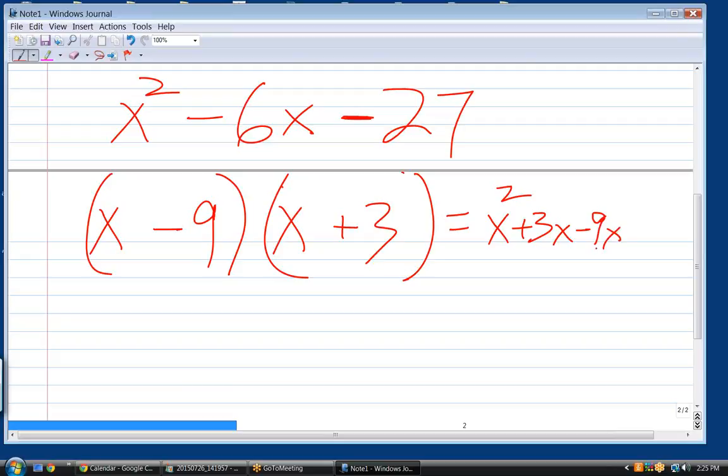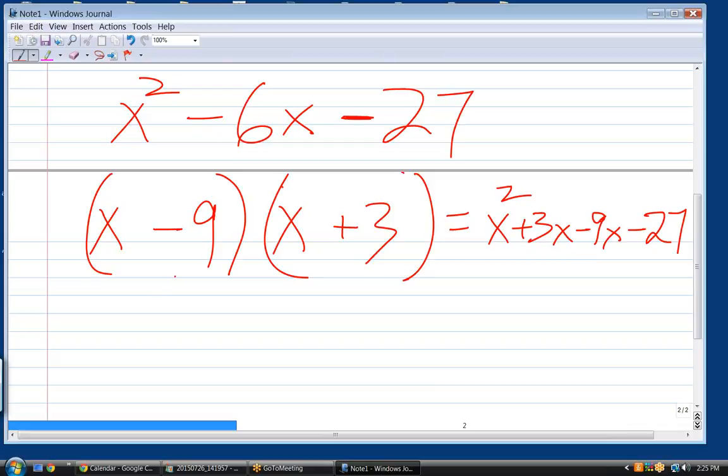And finally, the last is 3 times negative 9, and that is negative 27. Notice that the only way I was able to produce that negative 27 is if my signs were opposite on those two numbers. So I'm basically working backwards.